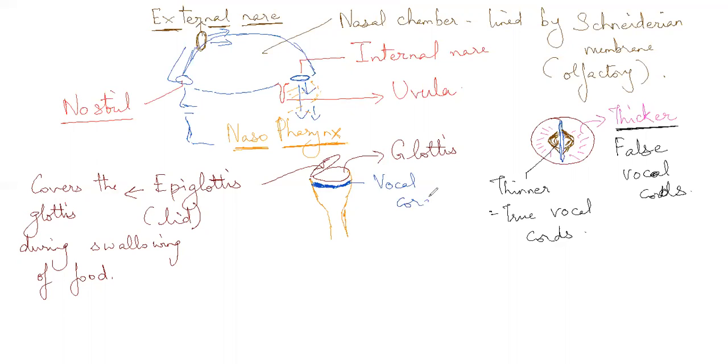The region where these vocal cords are, this dilated region, is known as the larynx or the voice box.